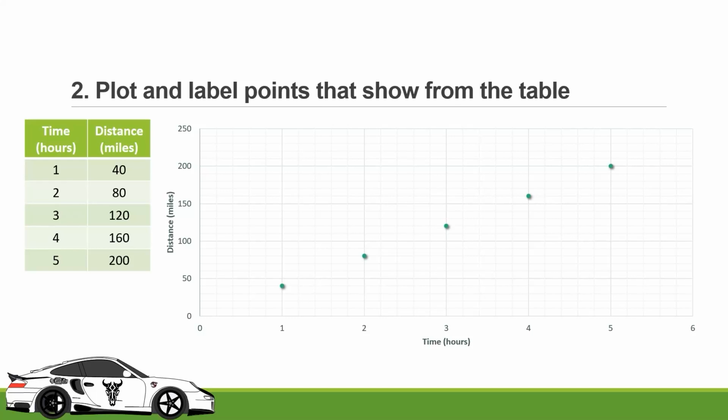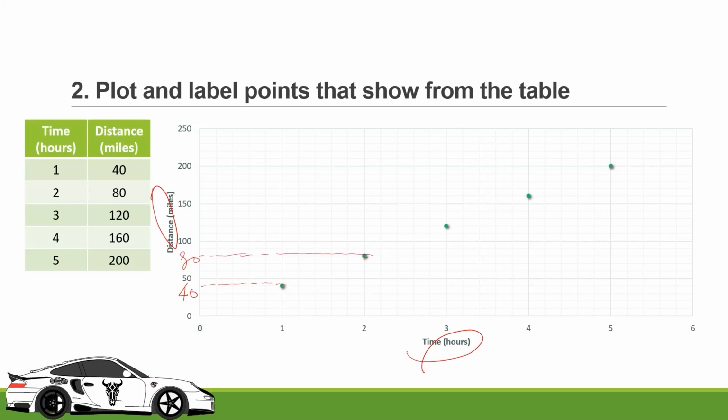In this graph, you can see that the x-axis is time, right? And the y-axis is distance. For the first point, time is 1. And when time is 1, the distance is, yeah, very good, 40 miles. When time is 2, the distance is 80 miles.